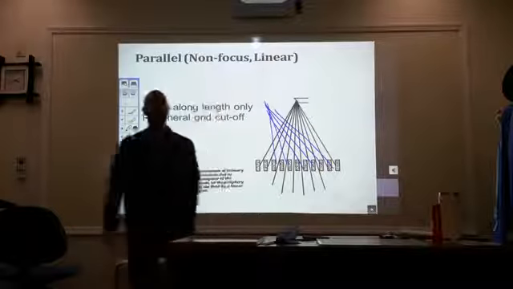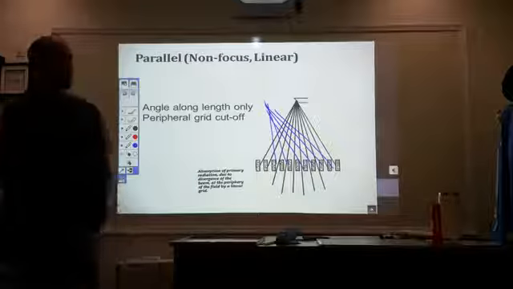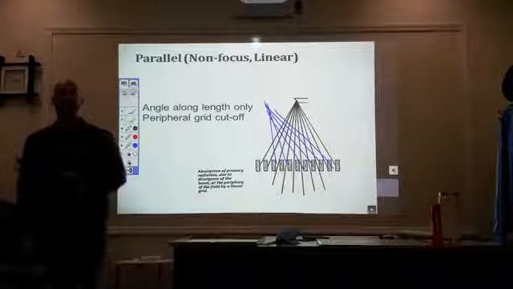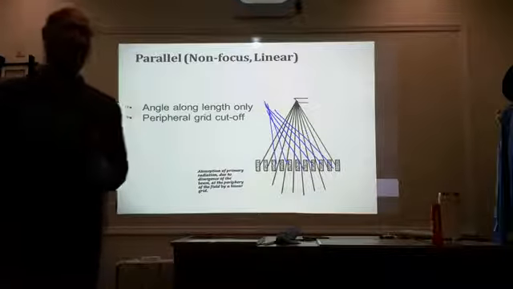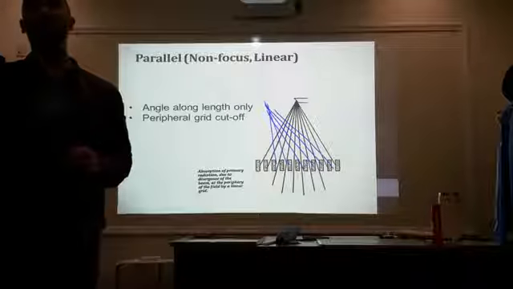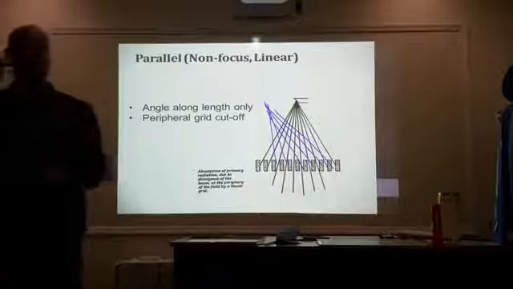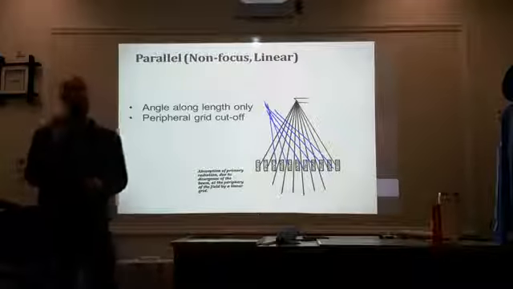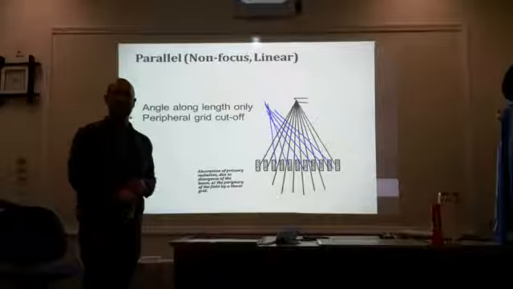Not good, right? The new term I'm going to introduce you to here is what's known as grid cutoff. Grid cutoff is when the grid attenuates a portion of the primary beam. Grid cutoff occurs when it is absorbing or attenuating a portion of your primary beam, not just your scatter radiation, but also your primary radiation.